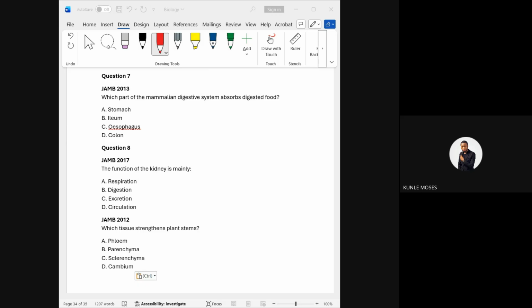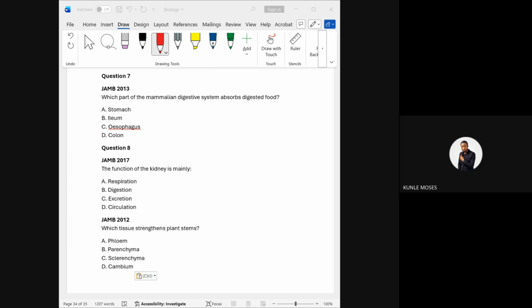Transport water. Water and what? Mineral salt. Clap for yourself. That's very good. Yeah, so I believe you guys know it. The parenchyma, cambium, all these things I taught you in the last class, so it's very simple.